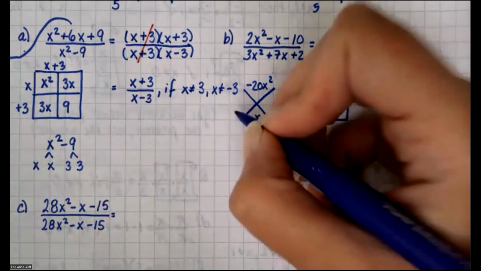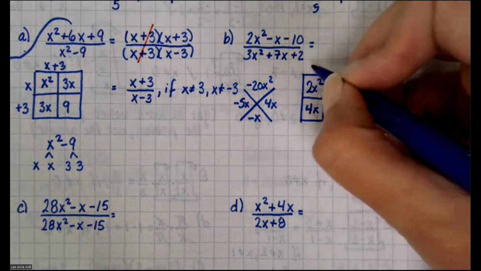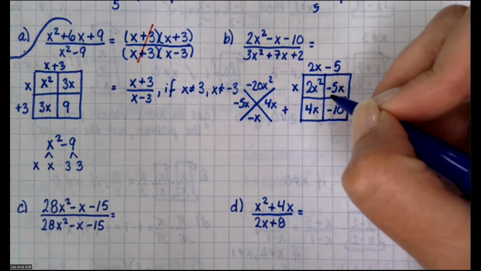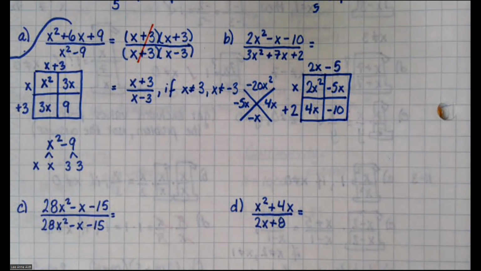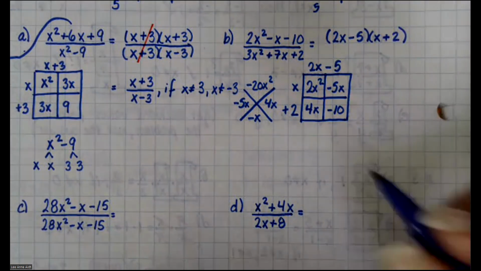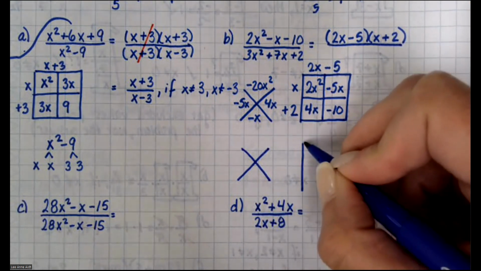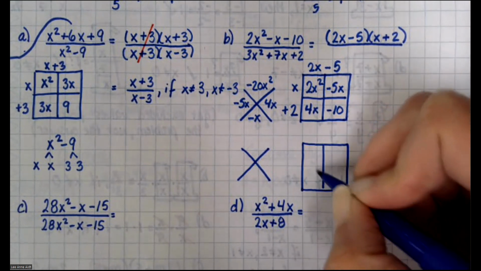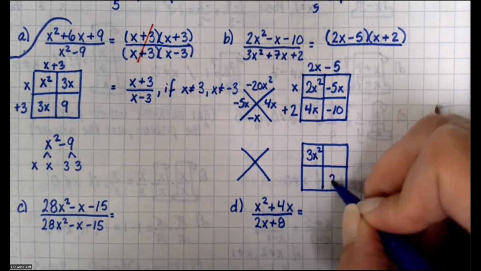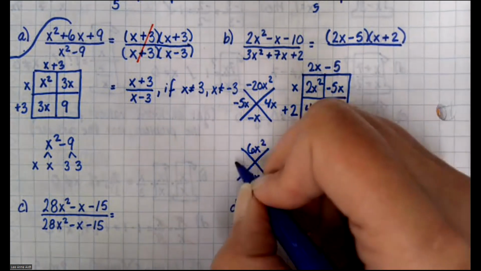What multiplies to be -20 and nets to be -1? -5 and 4. Don't forget about the multiplying by one thing.